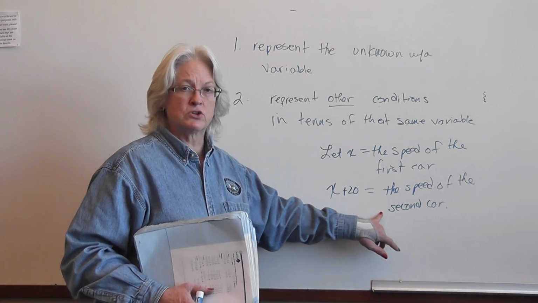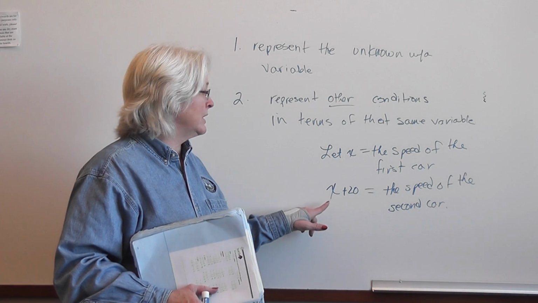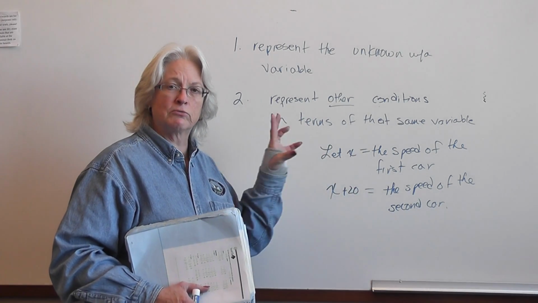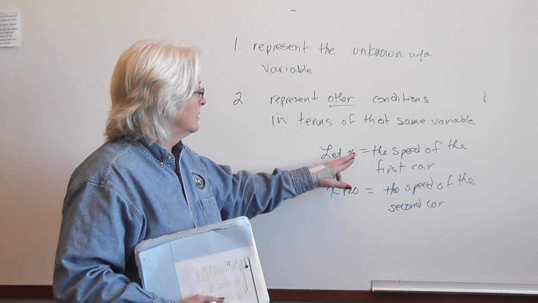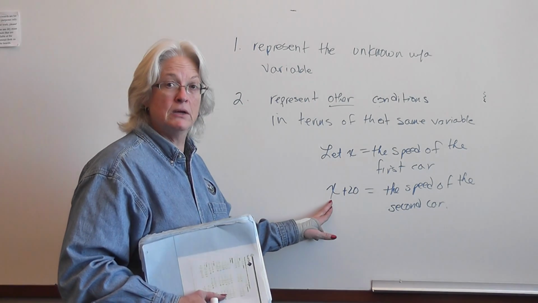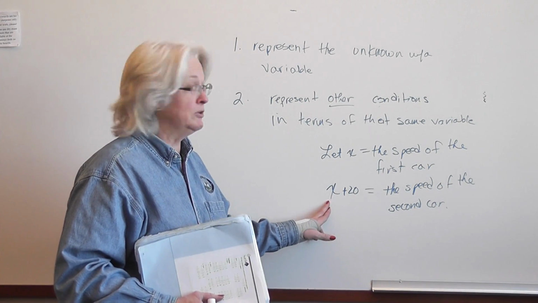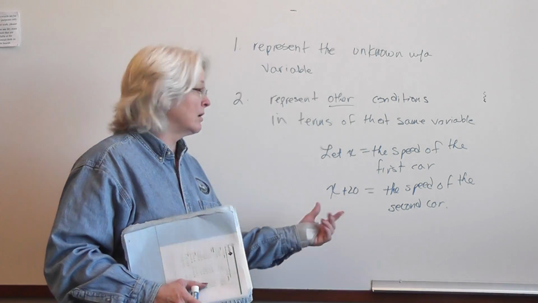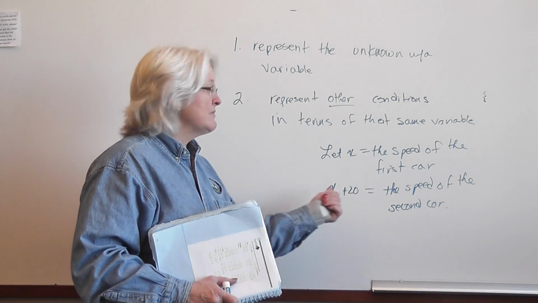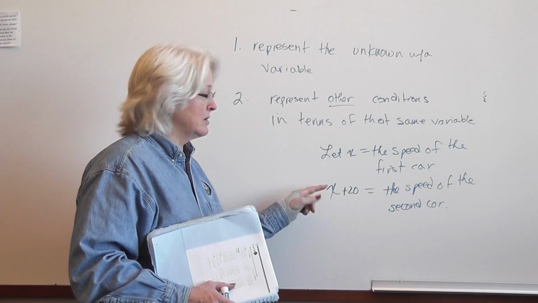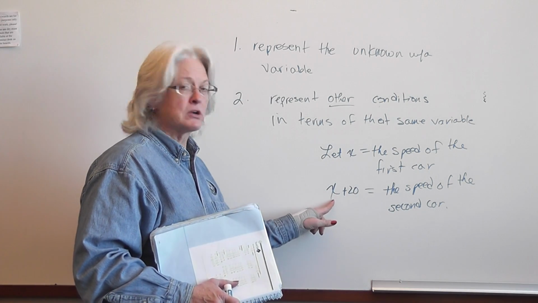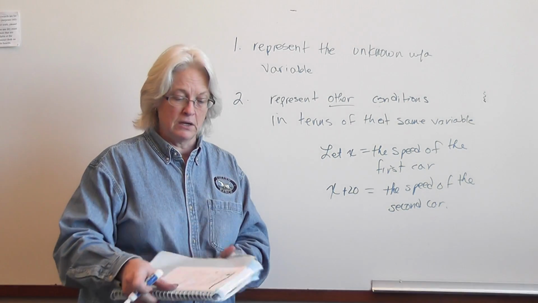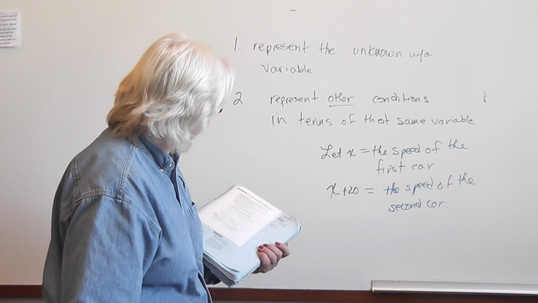Your other things that you're trying to find are going to be written where you've included that first variable. There's a relationship between it. We don't know what the speed is of the first car at all, do we? No. But we do know that the speed of the second car is 20 miles an hour faster than the speed of the first car. So here's the speed of the first car, x, plus 20 gives us the speed of the second car.